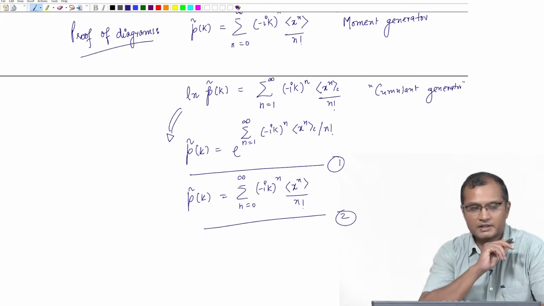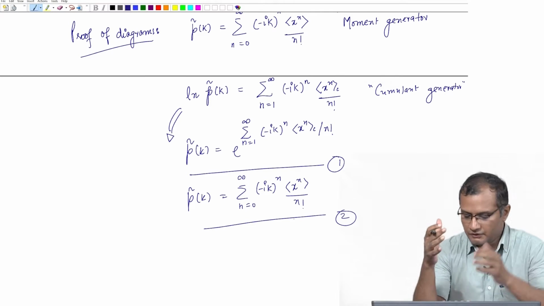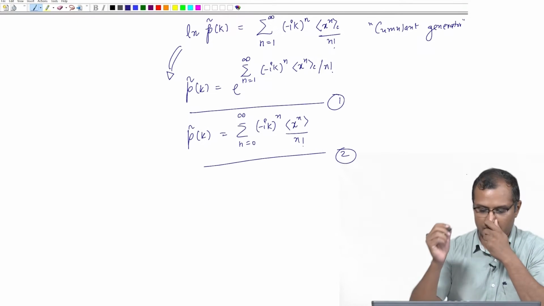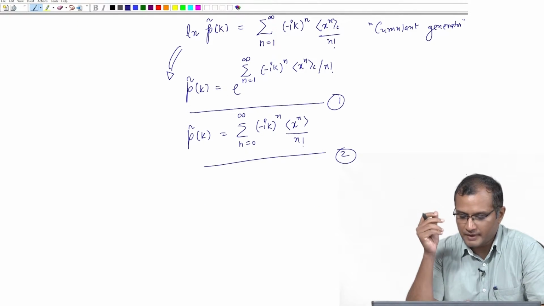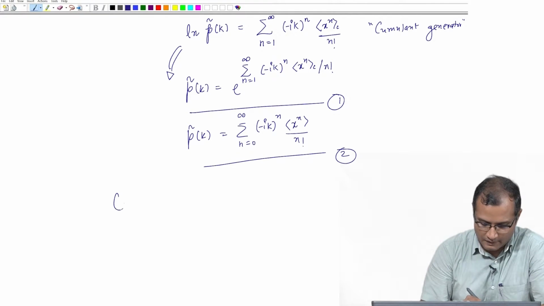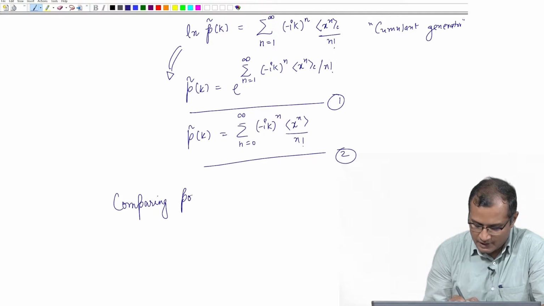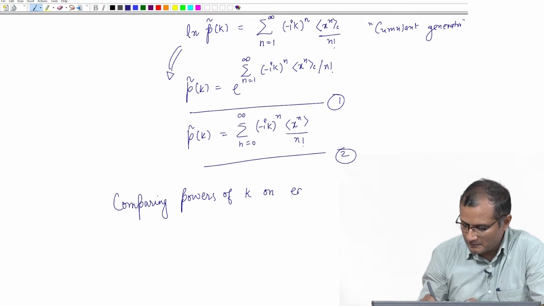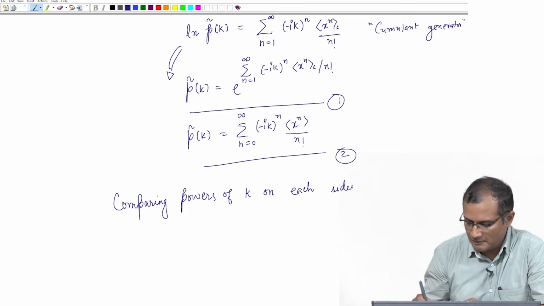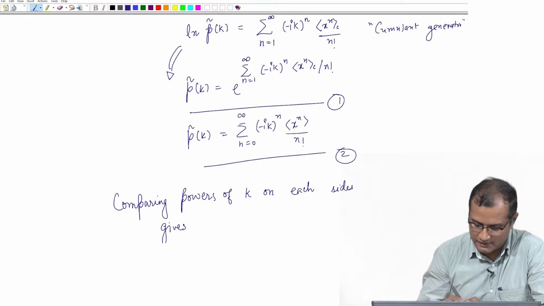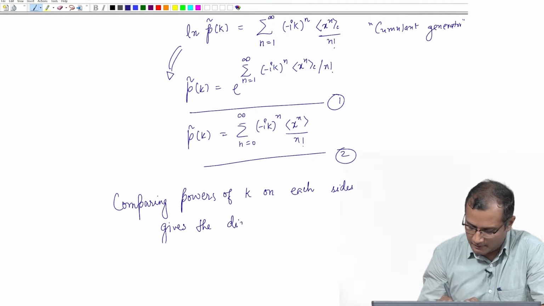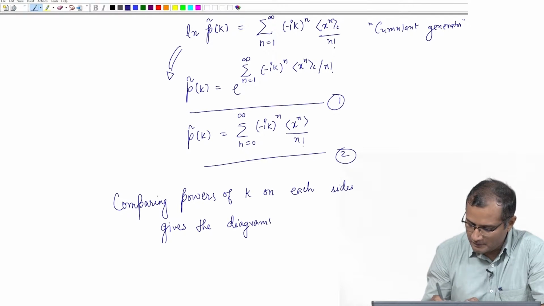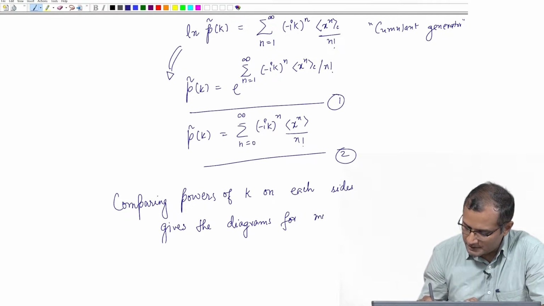So, if you compare the two equations, and compare the like powers of k on each side, you will get this formula that gives the diagrams for moments.